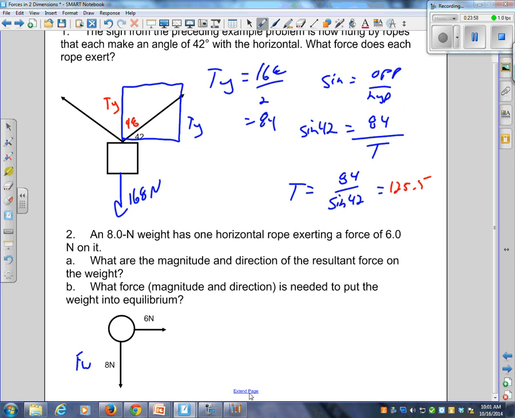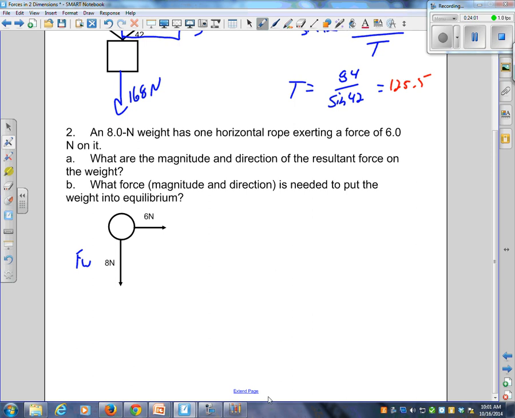So you simply add them tip to tail. So you've got 8 and 6, giving you an overall applied force, or net force, or if you want to just call it resultant, that's fine too. R squared is going to be 8 squared plus 6 squared, and I can tell you right off the top that it's 10.